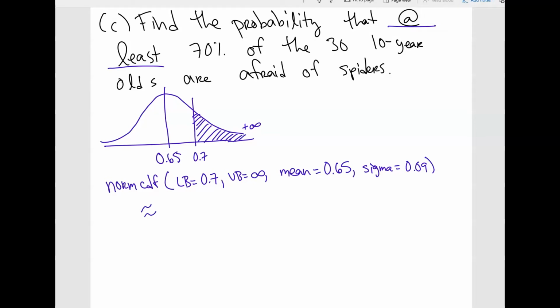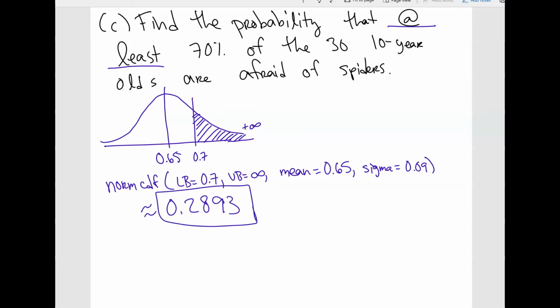In my calculator, I enter normal CDF with lower bound 0.7 to infinity, mean 0.65, sigma 0.09, and I get 0.2893.